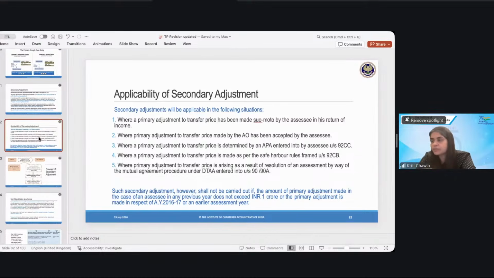Secondary adjustment will be applicable if there is a primary adjustment which has been made suo motu by the assessee in their return of income, or where primary adjustment has been made by the AO and it has been accepted by the assessee, or where primary adjustment to the transfer price is determined by an APA entered into by the assessee, or where primary adjustment is made as per safe harbor rules, or where primary adjustment to transfer price is as a result of resolution by MAP under DTAA. However, such secondary adjustment shall not be carried out if the amount of primary adjustment made in the case of the assessee does not exceed 1 crore rupees, or if the primary adjustment is made in respect of AY 2016-17 or earlier assessment years.